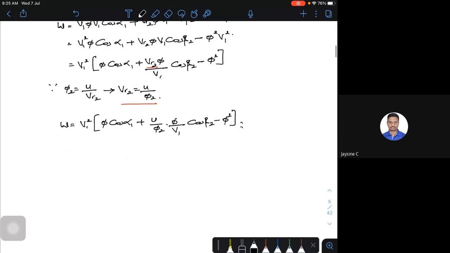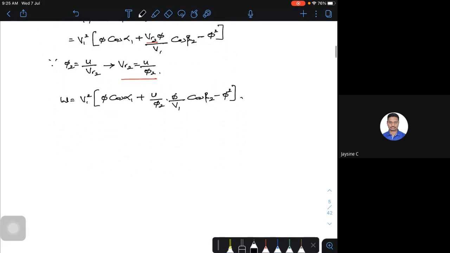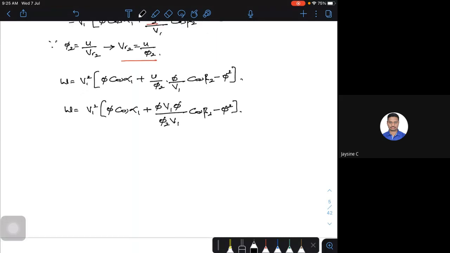Yeah, this will be W is equal to V1 square outside, phi into cos alpha 1 plus phi into V1 into phi divided by phi 2 into V1 into cos beta 2 minus phi square. So V1 just cancels out.